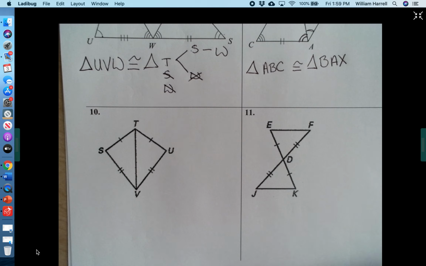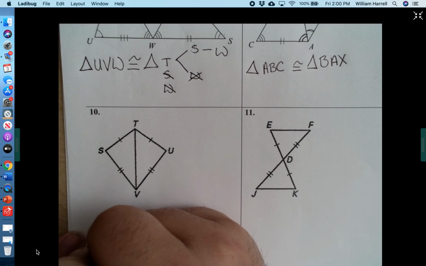Going to number 10, this time I don't tell you anything about the angles. I only tell you some stuff about the sides, but I tell you that they're congruent. So if I don't tell you anything about the angles and only the sides, then we have to be able to write the triangles based on what we have.